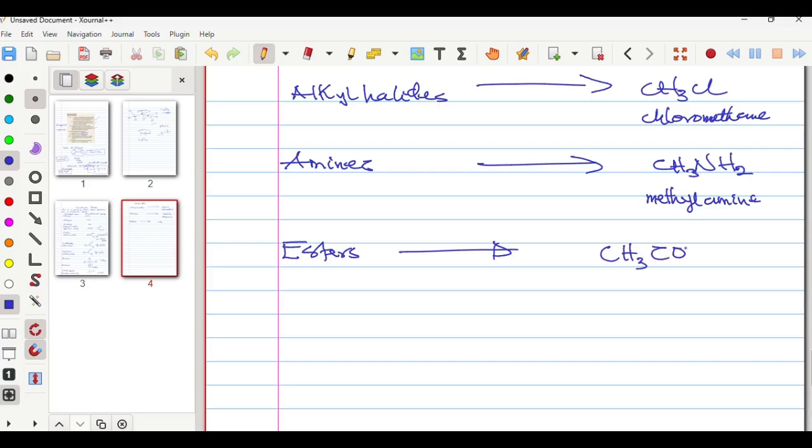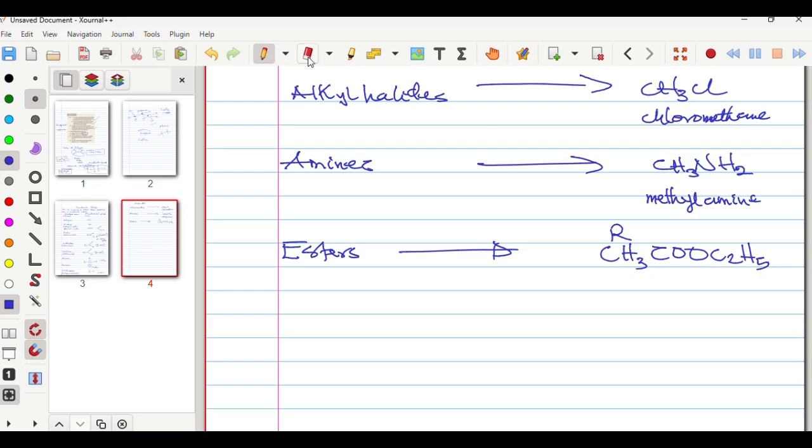Now, COO. If you remember, this is RCOOR', where R' can be CH3, or it can be C2H5, another alkyl group. So let's use C2H5 this time around.